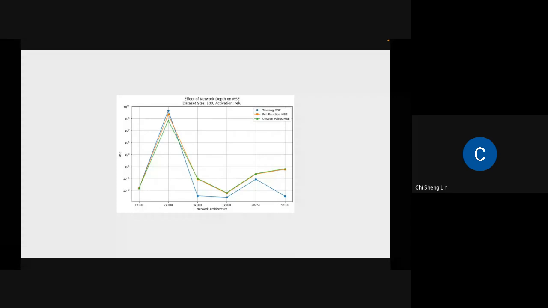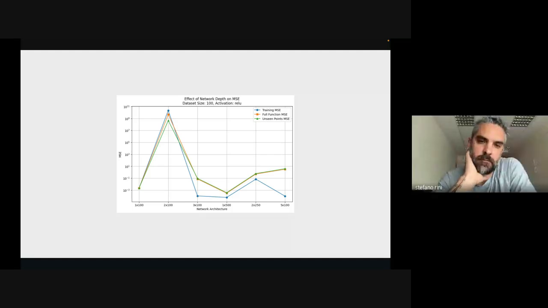So the 5-layer model and the 2 times 250 model both do not generalize very well. I think in this mission, 1 layer is enough for generalizing this interpolation job. Okay.